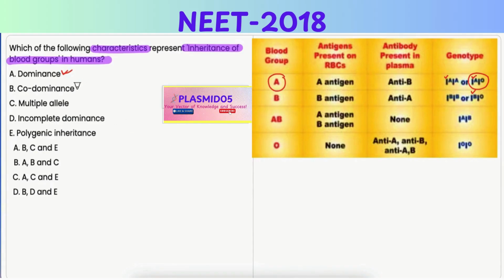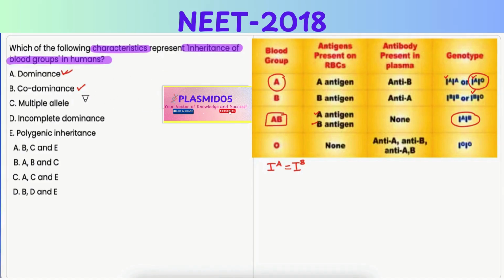B, codominance. It is also correct. The alleles IA and IB are codominant, meaning when both are present, both the alleles would be equally expressed. For example, individuals with IA-IB genotype have blood group AB.